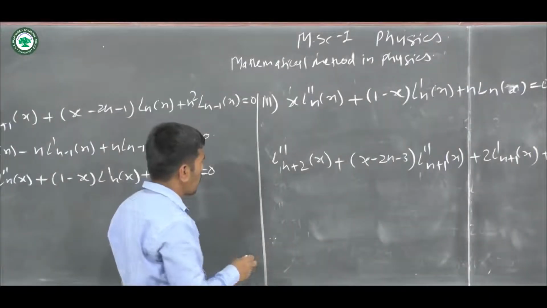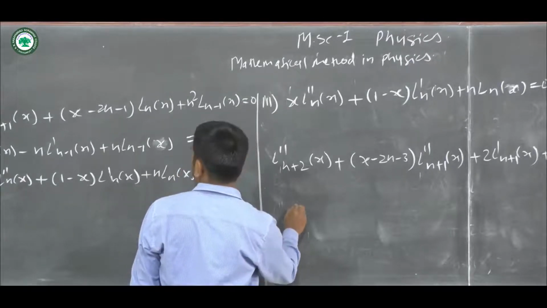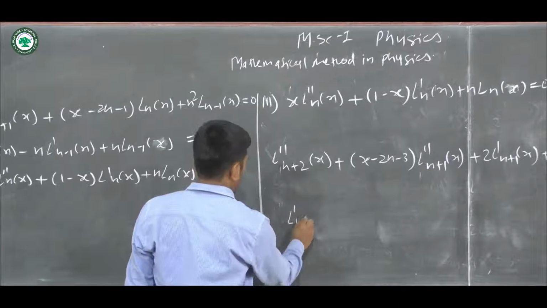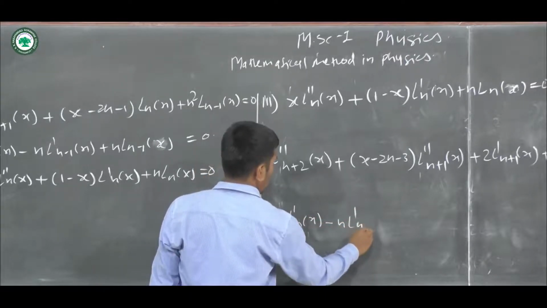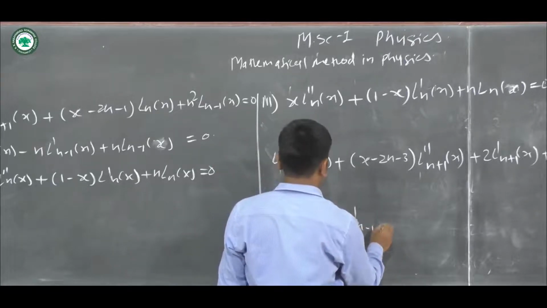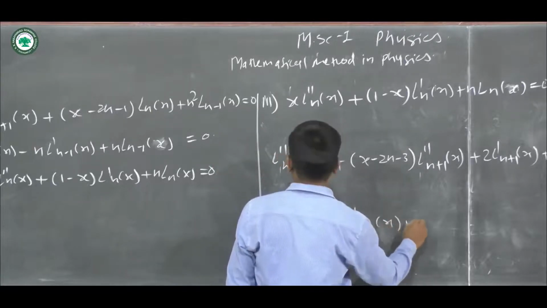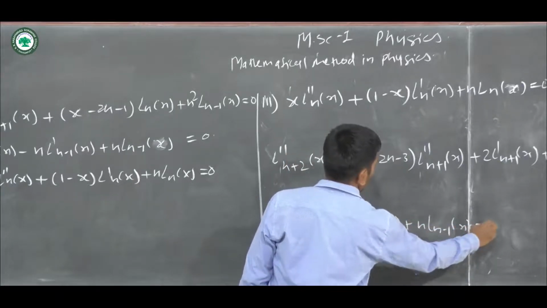So now the second recursion relation, that is L_n'(x) minus n L_{n-1}'(x) plus n L_{n-1}(x) is equal to 0.